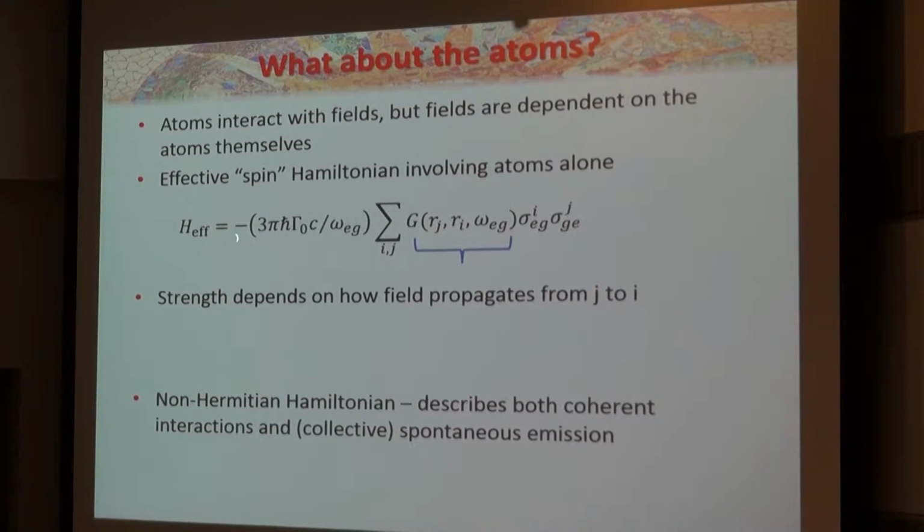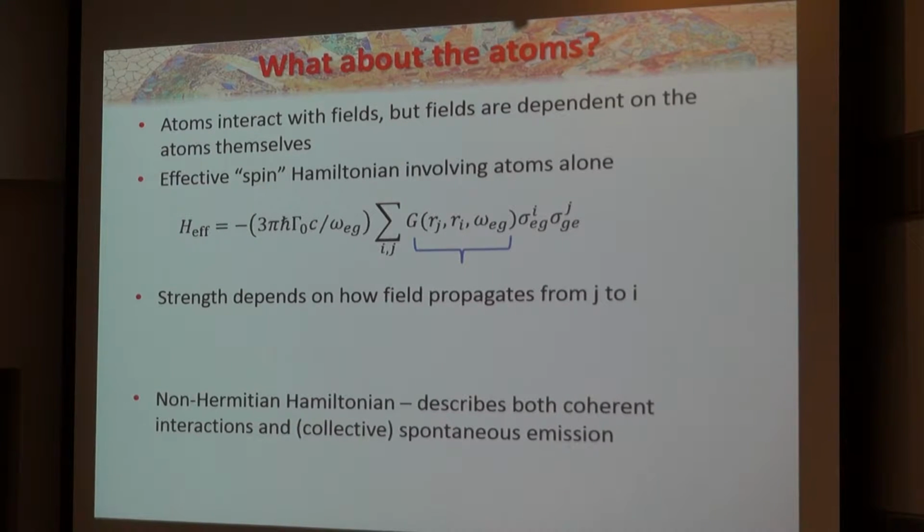Just to be a little bit formal here, this effective Hamiltonian is not strictly legal. Okay? This Green's function is not real, it's complex. And so this is actually a non-Hermitian Hamiltonian. What that means is if I really want a proper quantum description of the system, I have to tell you what the quantum jump operators are associated with this non-Hermitian Hamiltonian, or I have to write down a longer master equation or density matrix equation to describe the full evolution.